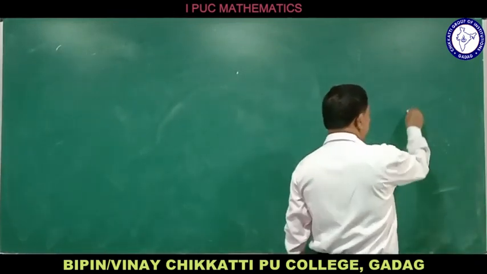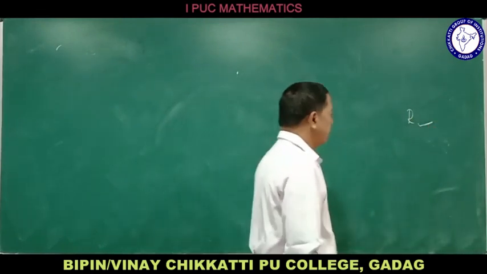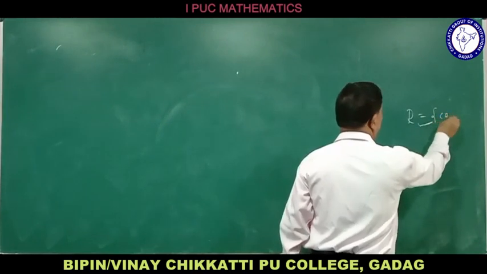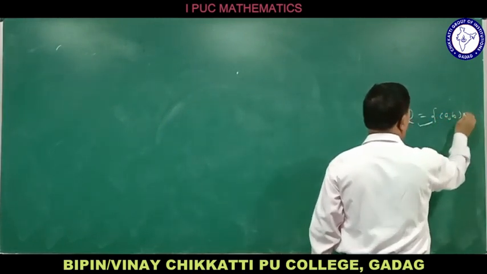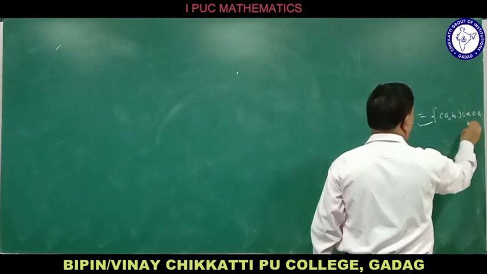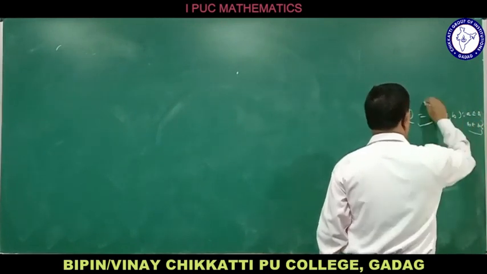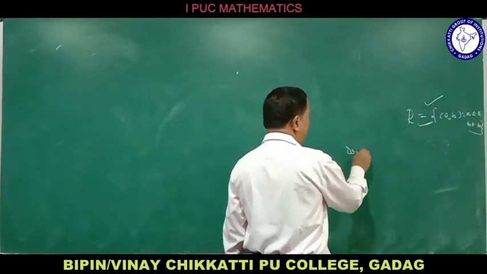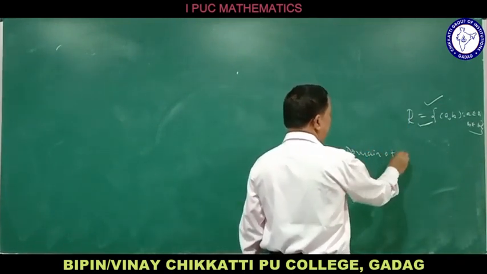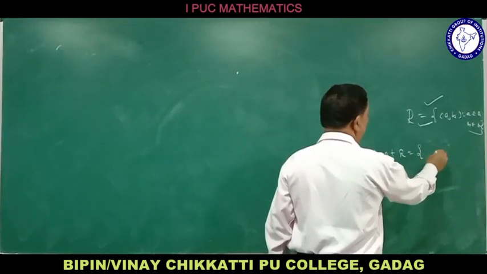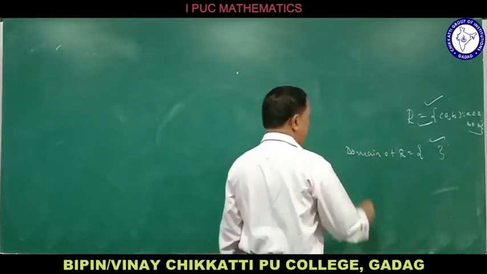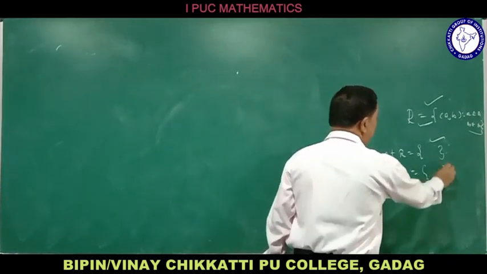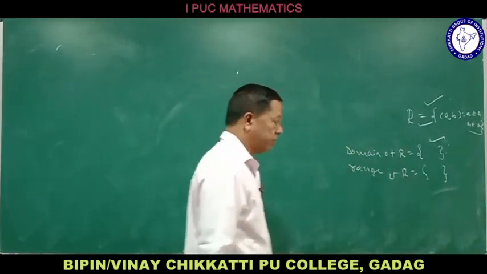So R is the relation. First I tell you that R is the set of (a, b) such that a belongs to A and b belongs to B. This is the relation. And here the domain of the relation R is the set of all first elements, and the range of R is the set of all second elements.